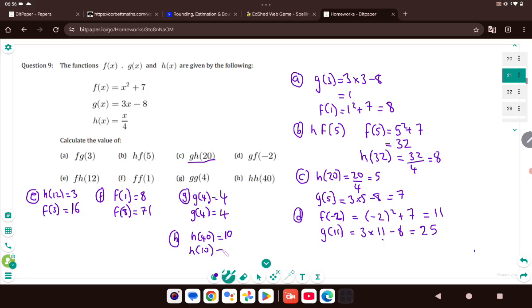And then the h of 10. 10 divided by 4 is 2.5.